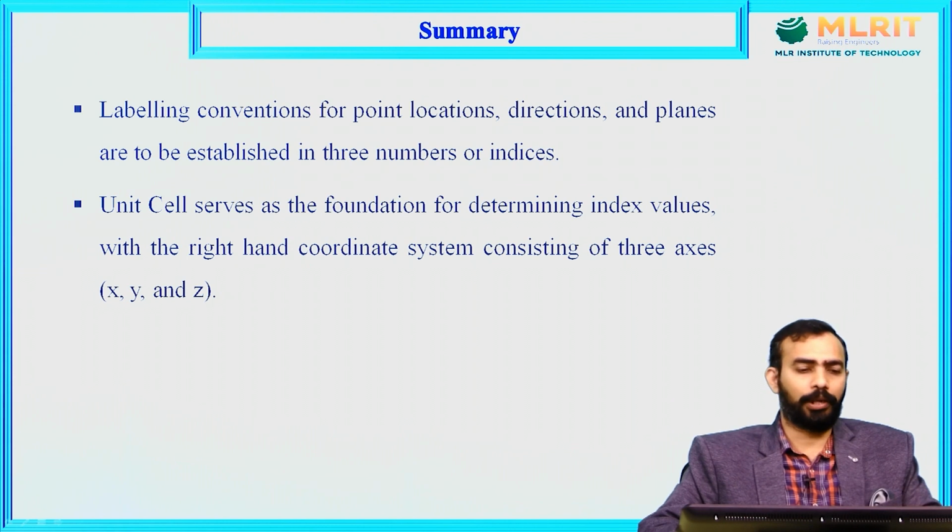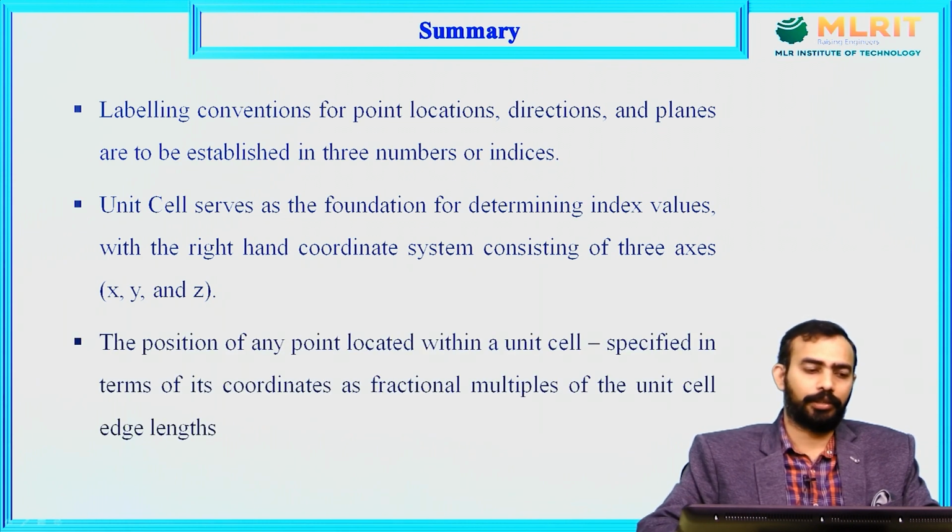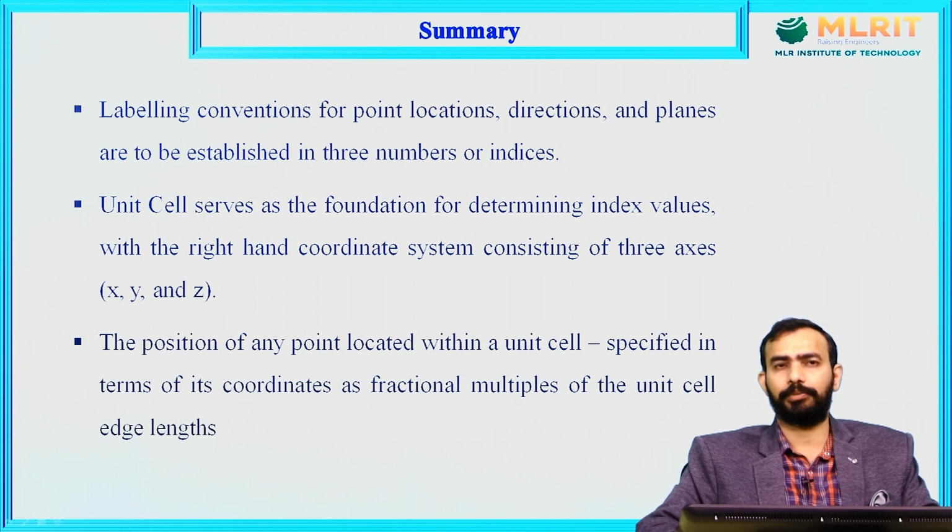We will pick a right hand coordinate system having 3 axes x, y, z, positioned at one of the corners, and we will consider the edge lengths as the coordinates x, y, z in the 3 directions. Then the position of any point located within the unit cell is specified in terms of its coordinates as fractional multiples of the unit cell edge lengths.